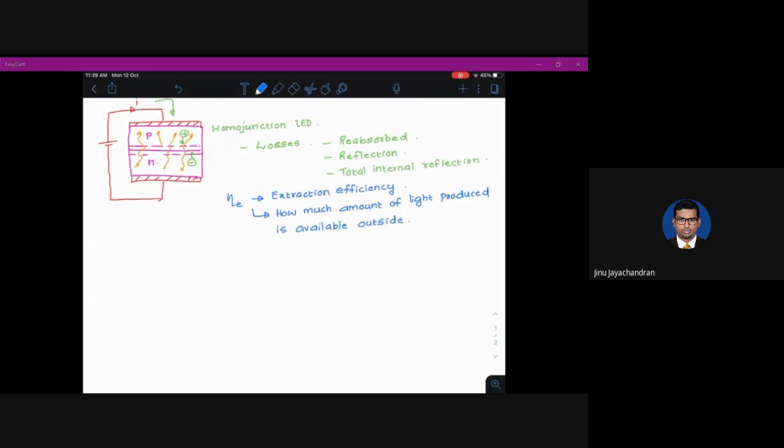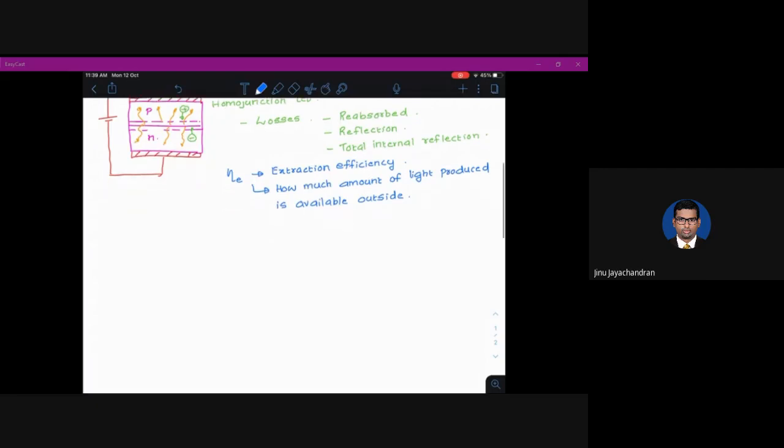Outside means where you can see. So if you see the light, that means it is available outside. This is called the extraction efficiency. And the net output power, optical power, electrical power, everything, net output power is equal to the extraction efficiency times the generated optical power.